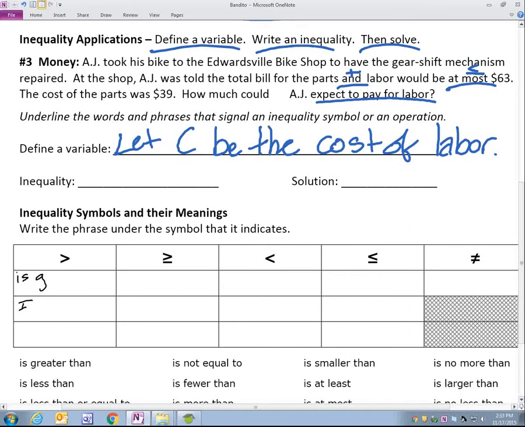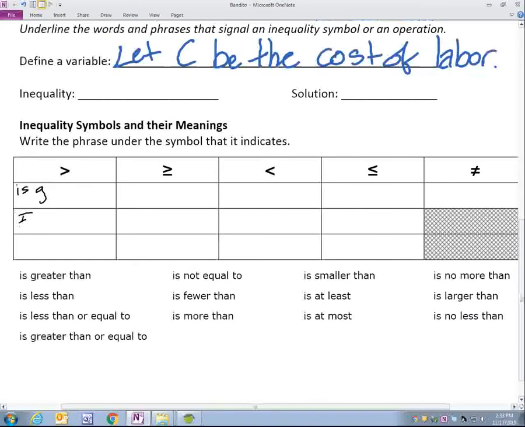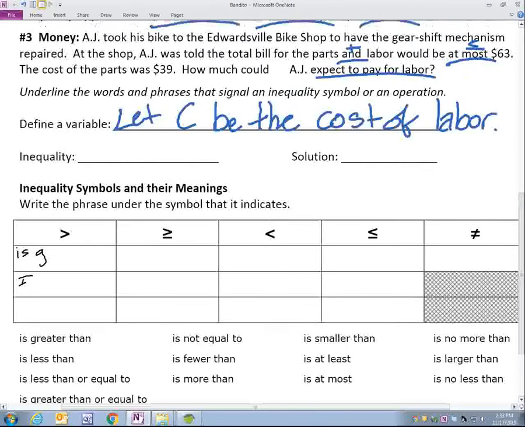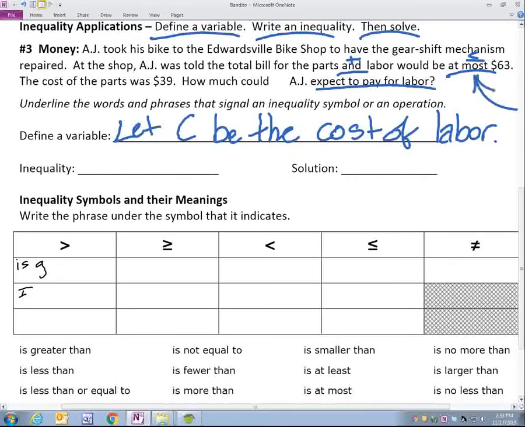The inequality we already found, because it was at most. And we use logic there, at most, so it's going to be less than or equal to. So I'm going to write out the whole inequality now. We have the total for parts plus labor.